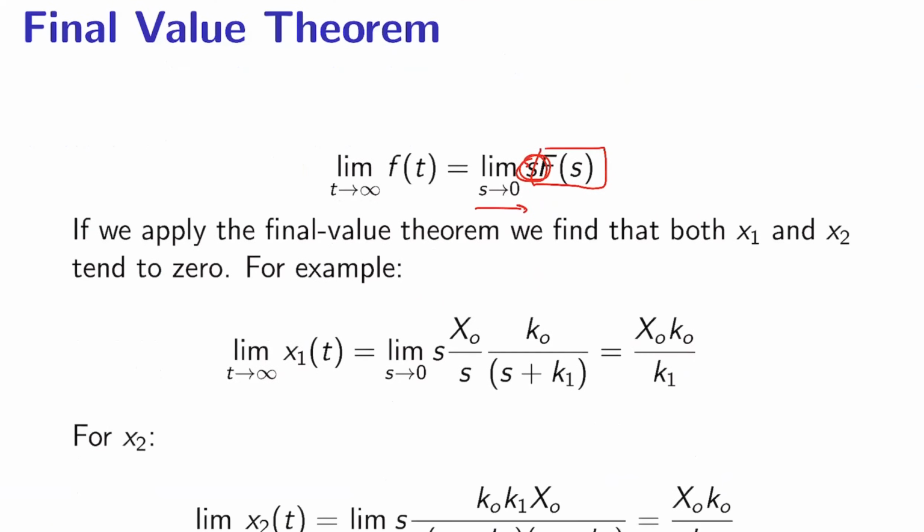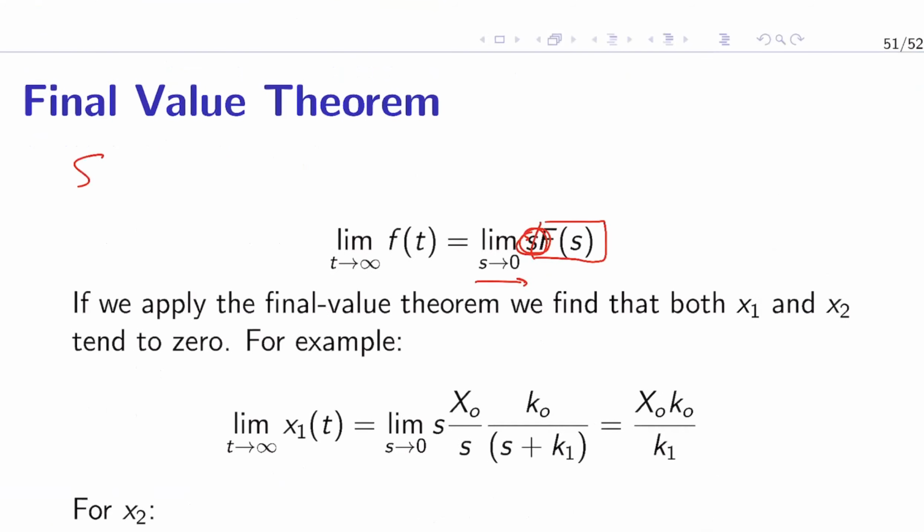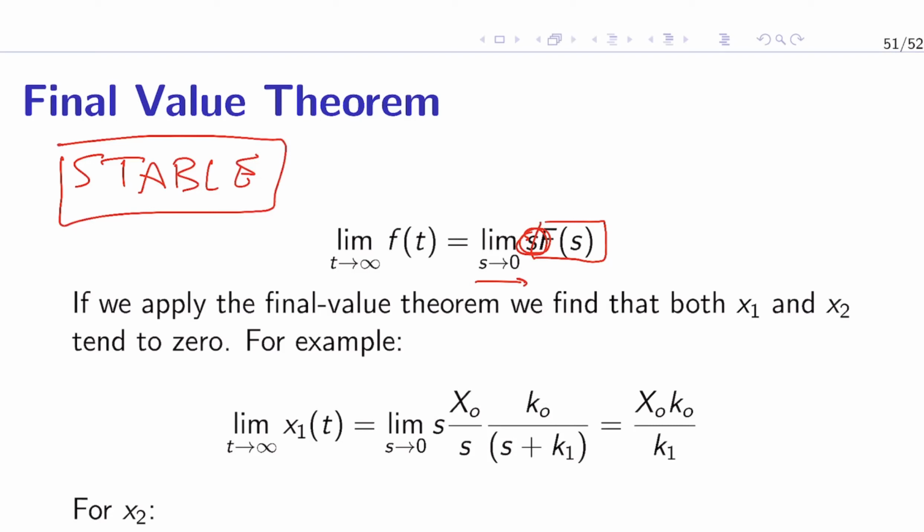Now, there's one caveat. This only works if the system is stable. You cannot use the final value theorem if it's unstable. You get weird results if you do it when it's unstable. If it's stable, though, remember what we said about stability? You get stability when the eigenvalues are negative. Now that we know that engineers like to talk about poles, it also means that if all the poles are negative, the system is stable.